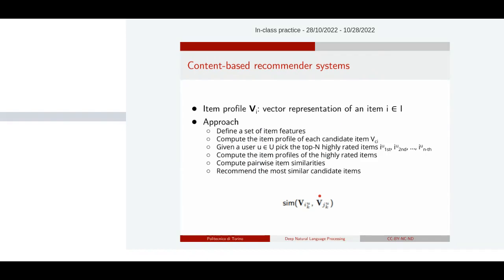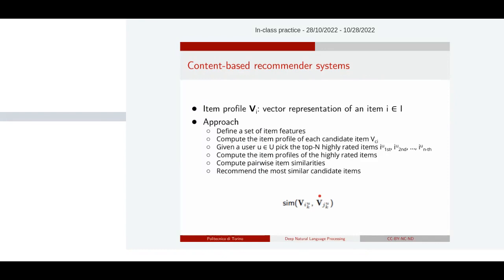When we try to model the problem in a content-based scenario, you have to define the item profile for each candidate item. So given a user, you have to pick the top K highly ranked items by matching the item profile with the highly rated ones.